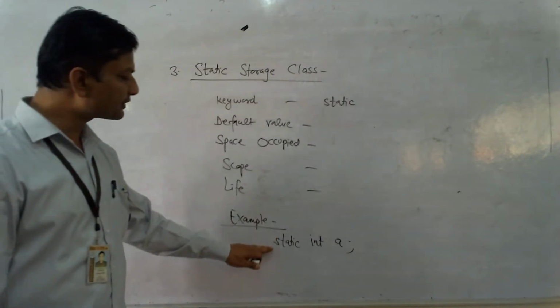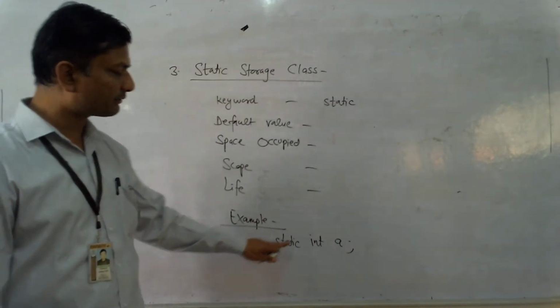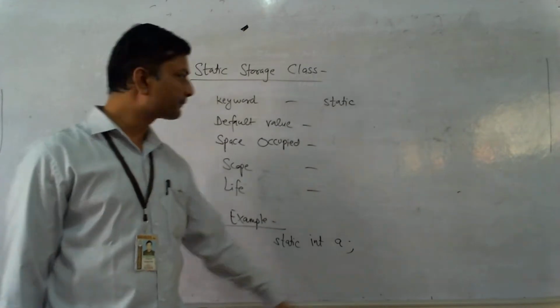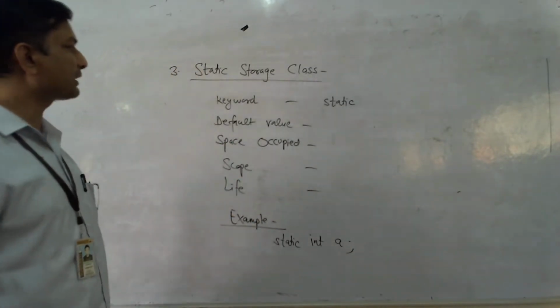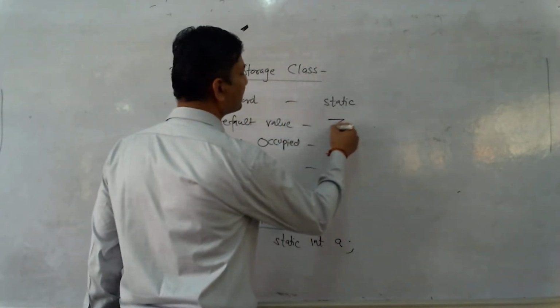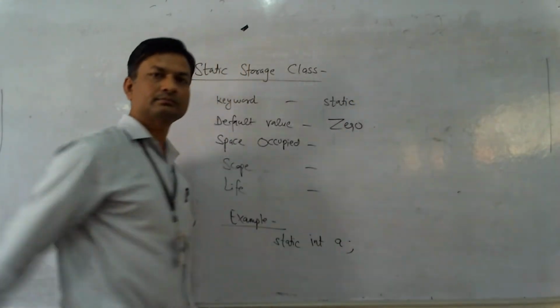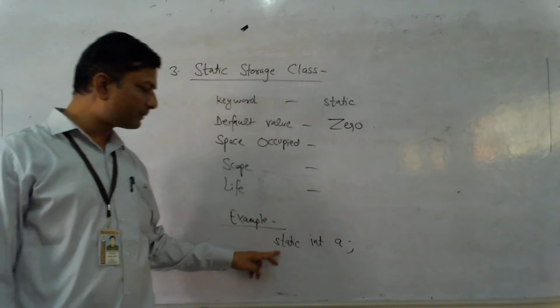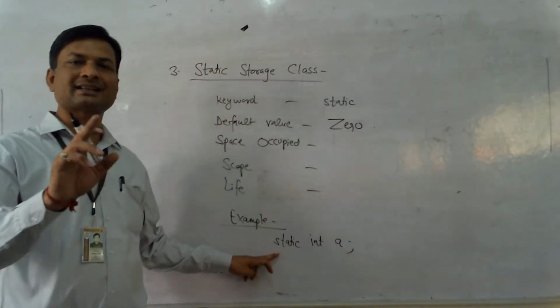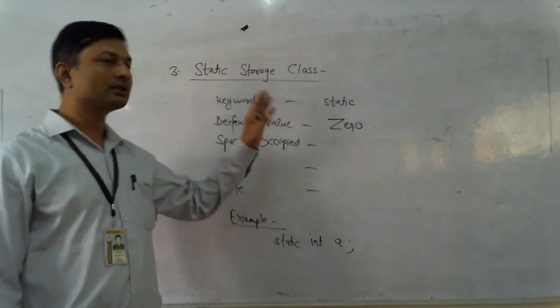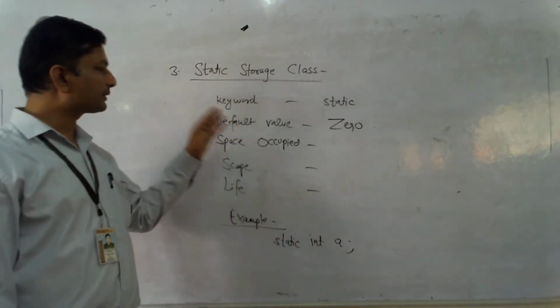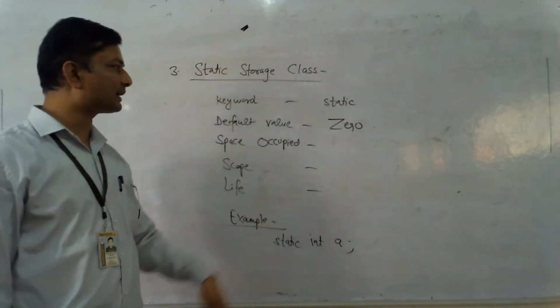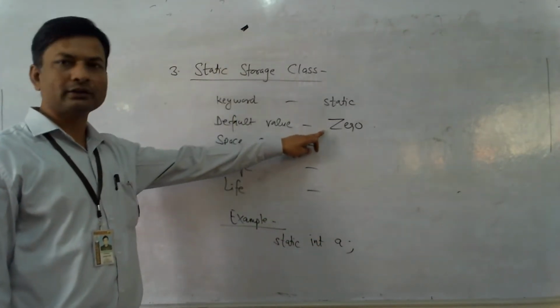So all the features of static storage class will apply on this variable A. According to static storage class, the default value of the variable is 0. That is the difference. All the variables belonging to automatic storage class and register storage class have default value garbage, but a variable belonging to static storage class has the default value 0.